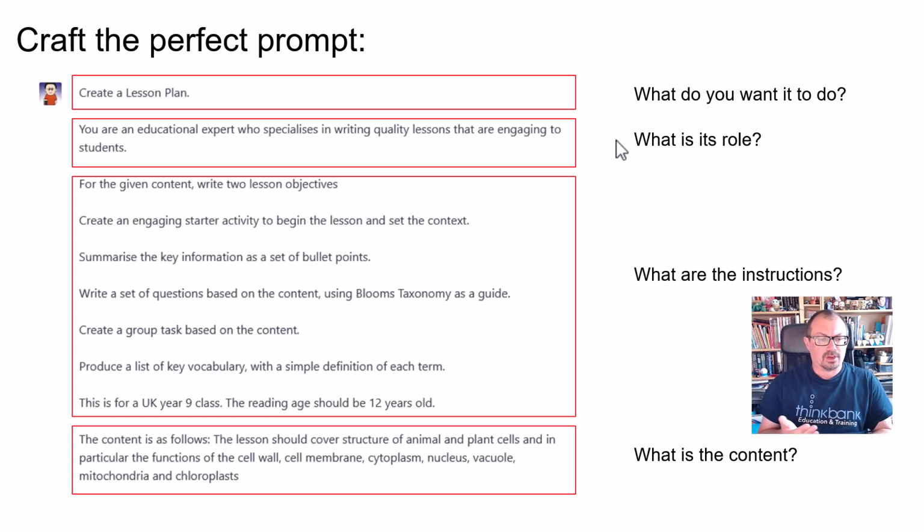I want a group task. I want a list of vocabulary with a definition, and I want this to be ready for a year 9 class where the reading age is 12. So there's all of my instructions, and then the last little bit I tell it what the content is. So the content is as follows. The lesson should cover blah blah blah blah blah. So with all that information, then you hit enter, and off it goes, and it will generate that stuff for you, which is cool. And then this can be modified to whatever it is you want ChatGPT to do.